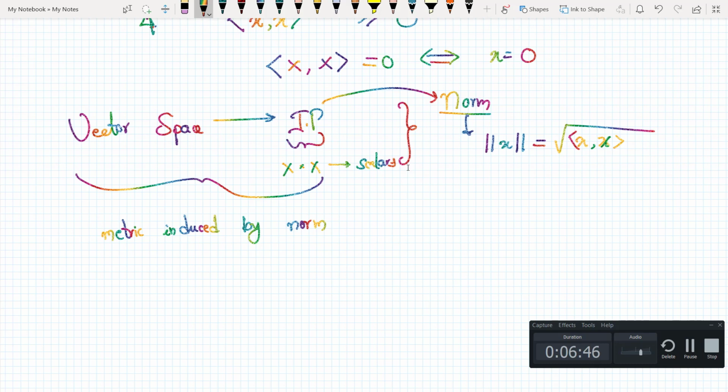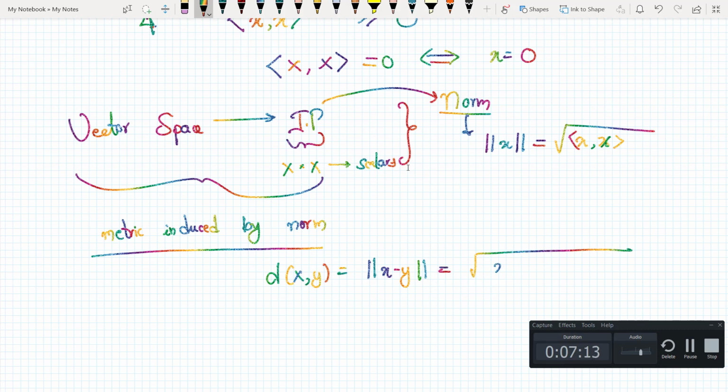The metric induced by a norm essentially means that I have my norm, I have the notion of my length, and based upon the notion of this length or norm, I give the notion of distance. So similarly in this case, my metric is given via this formula. So this makes sense to me.